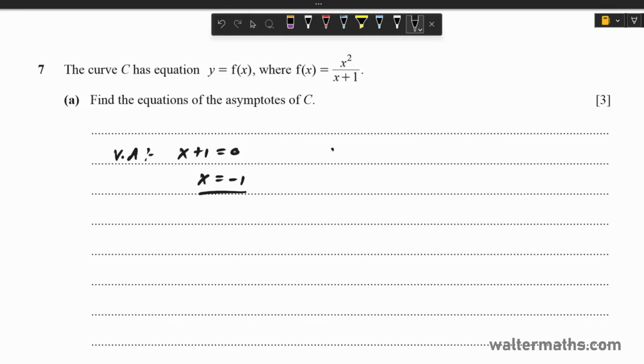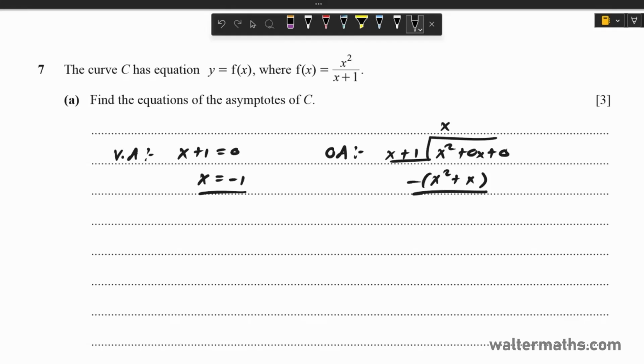Next, we can see that we should be having an oblique asymptote because the degree of the numerator is greater than the degree of the denominator by 1. So we get that by dividing x plus 1 into x squared. X into x squared is x, and x times x plus 1 is x squared plus x. We subtract.